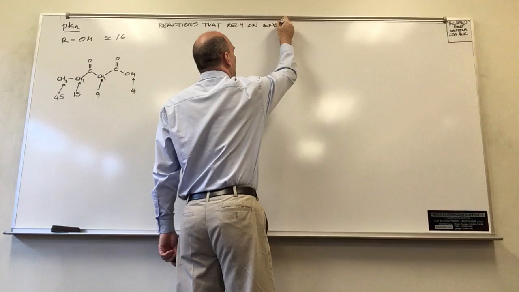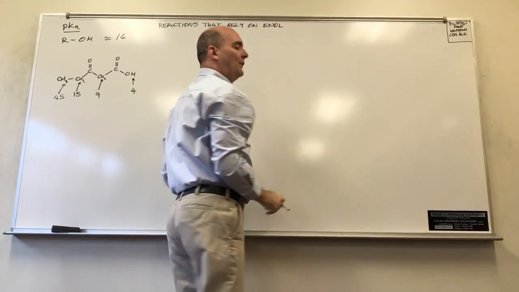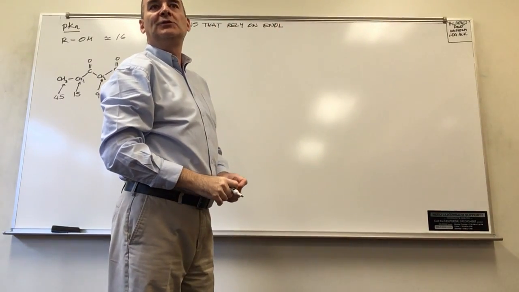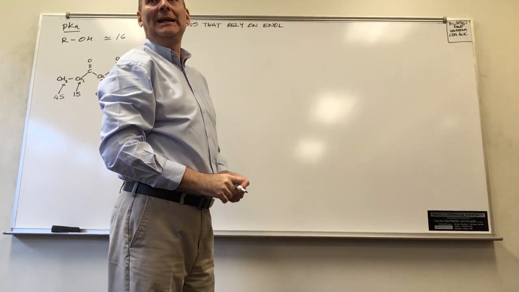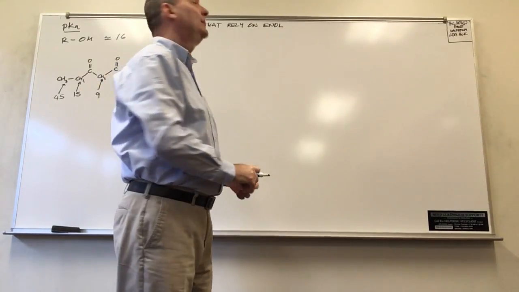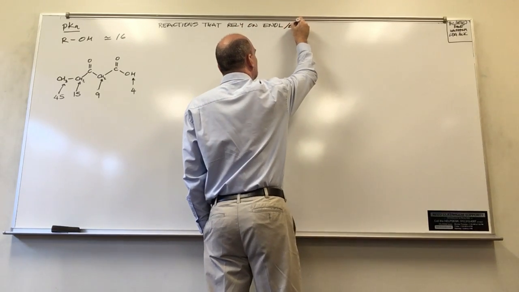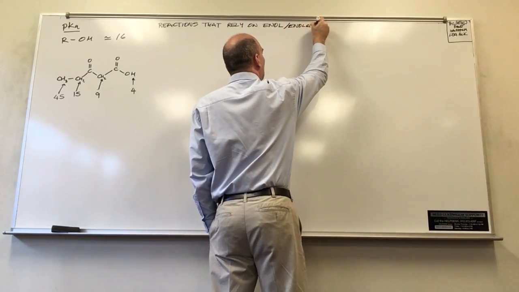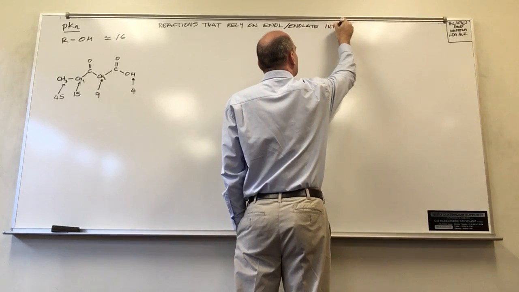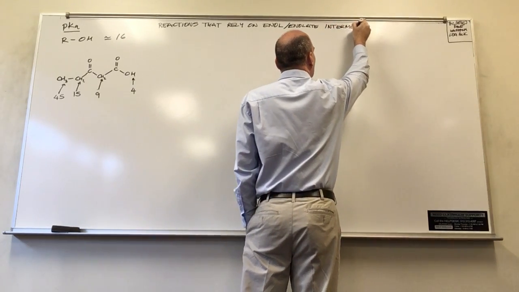So the following couple of mechanisms either use an enol or an enolate in their intermediate. So these are reactions that rely on enols or enolate intermediates.